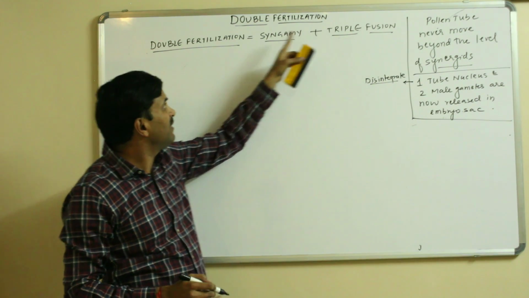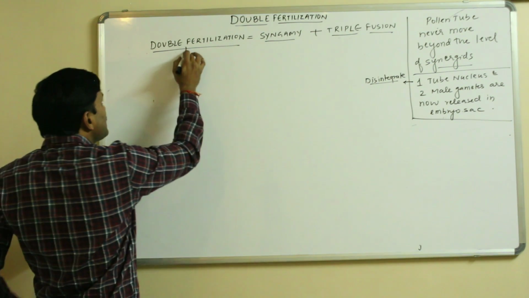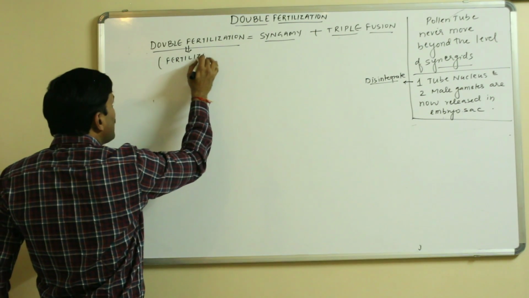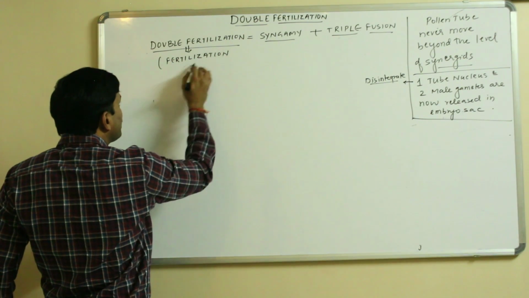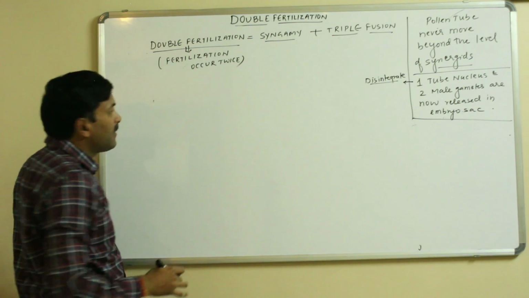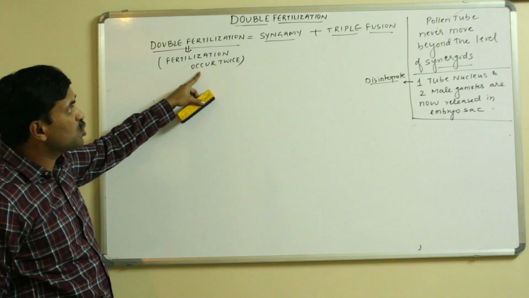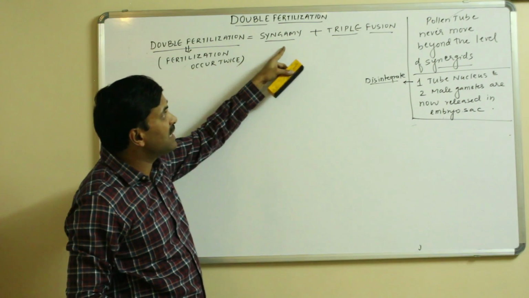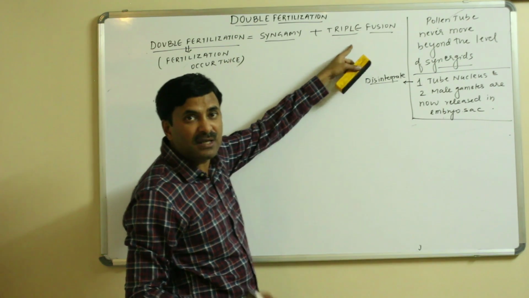We can also say that double fertilization means fertilization occurs twice in the embryo sac, and in this double fertilization 2 important acts occur. One is known as syngamy and another is known as triple fusion.